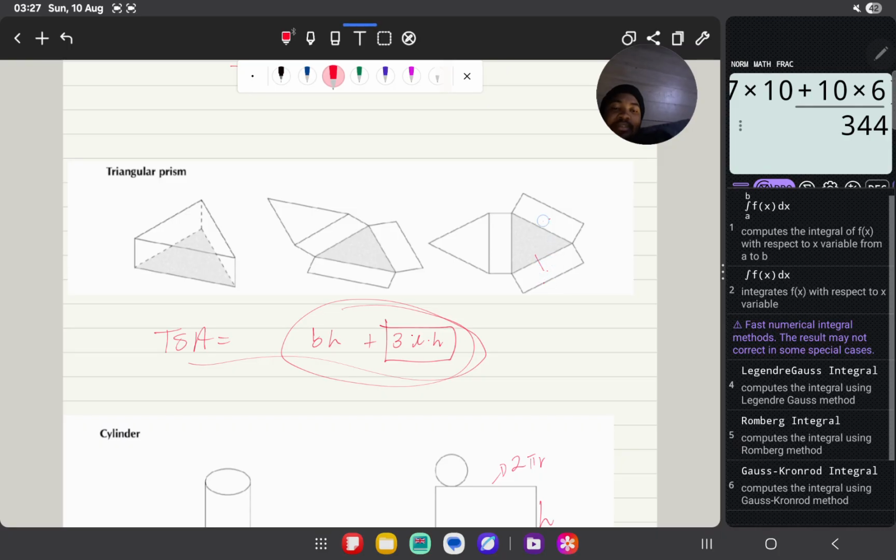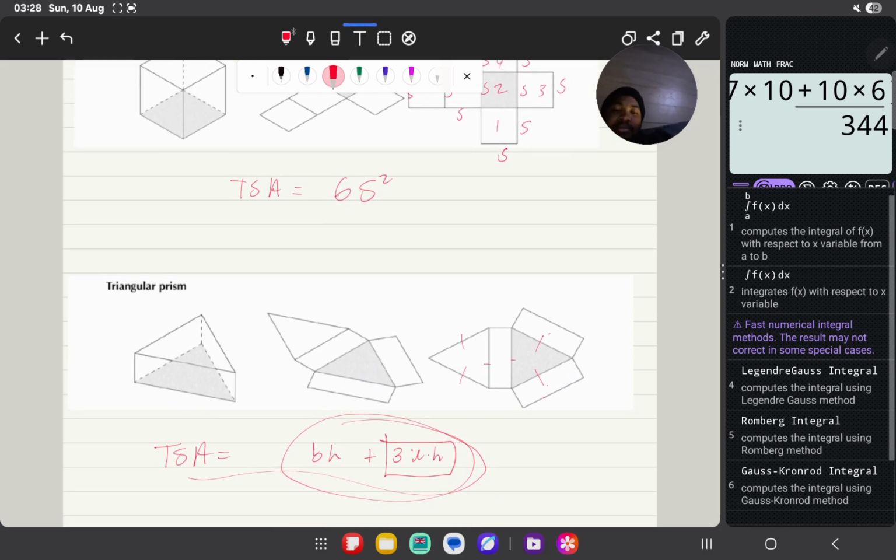So if the triangle is an equilateral triangle, then we're good. This is the formula you will use, right? Yes, I think so. Because you have that, and then this would be the same as this, of course. But it doesn't matter.